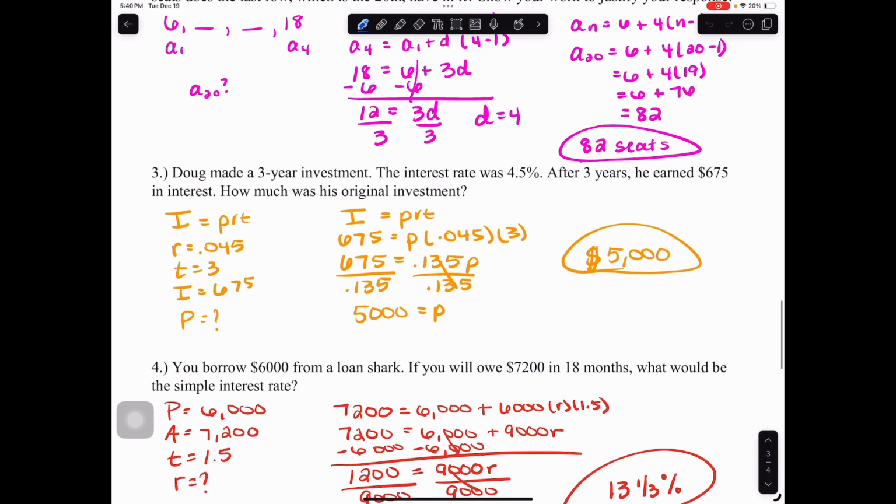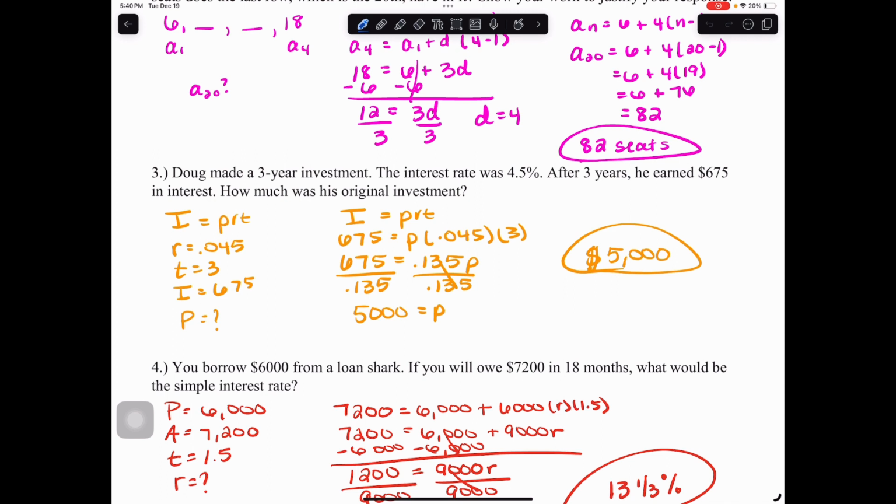Number 3, Doug made a 3-year investment. The interest rate was 4.5%. After 3 years, they're telling you he earned $675 in interest. I want to know how much was the original investment, which means I'm asking you to find P. So you're working backwards in this problem. For interest, I would use I equals PRT because you're only talking about interest here.